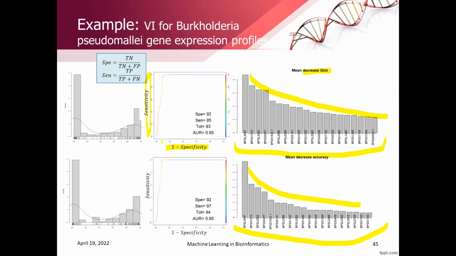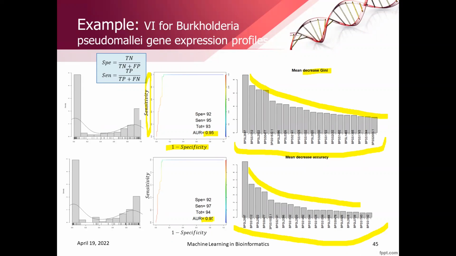So the goal is to obtain a curve with the highest area under the curve, and here we have specificity 92, sensitivity 95, and area under the curve 0.95, and this was based on the decrease of Gini, and this is based on the decrease of accuracy.